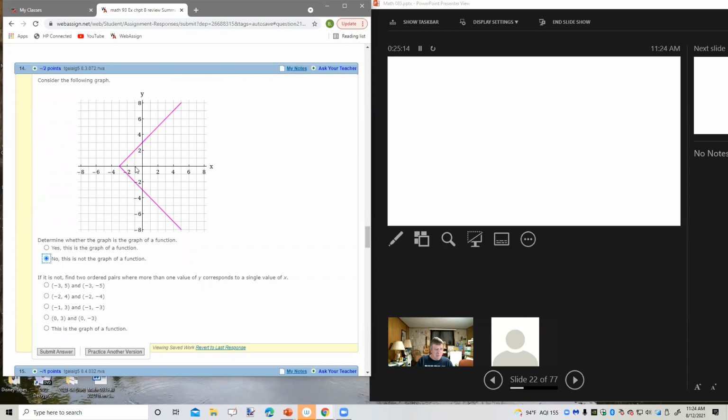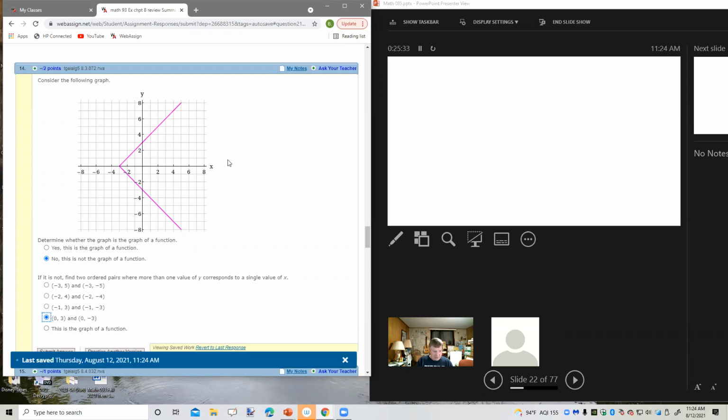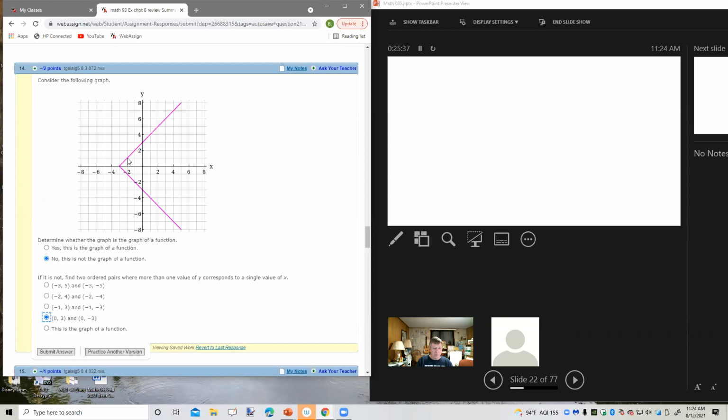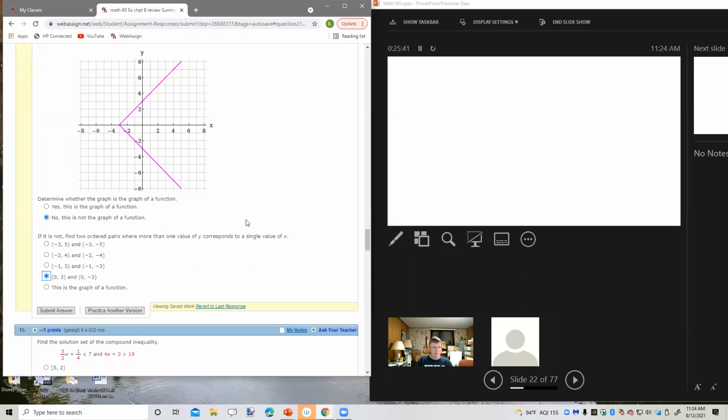When x is -1, when x is 0, y is 3 and y is -3. So what you need to do is check each set of ordered pairs to find out which one of these is actually on the equation that violates the vertical line test. Okay. Don't just say, oh, well, here's one, but those aren't listed there. Find one that is listed there. Okay.